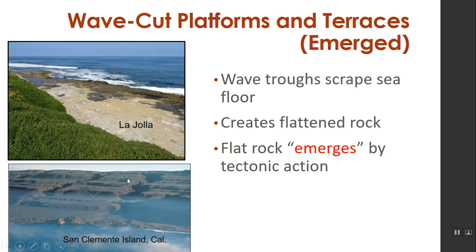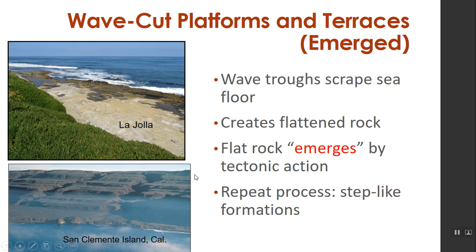You could see every step where it popped out of the ocean and got pushed up and got pushed up and got pushed up, right? It's this series of flat landscapes that were flattened out when they were underneath water. And you can also see one here in La Jolla. So again, when you repeat that process of flattening and tectonic uplift, you wind up getting this step-like formation.